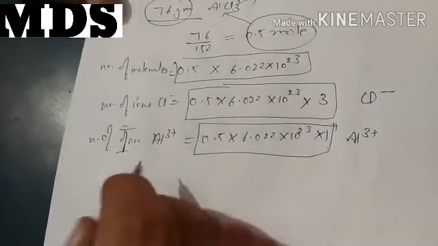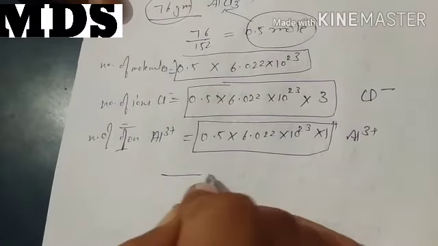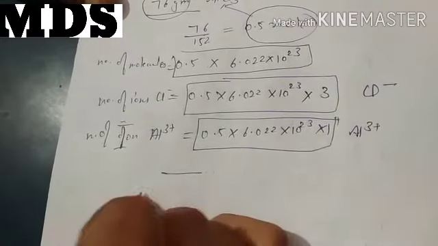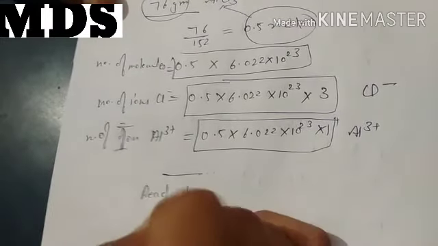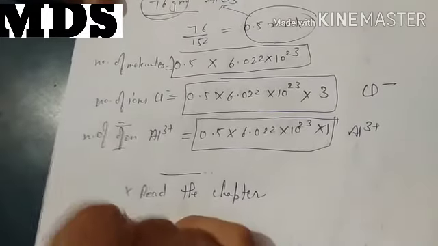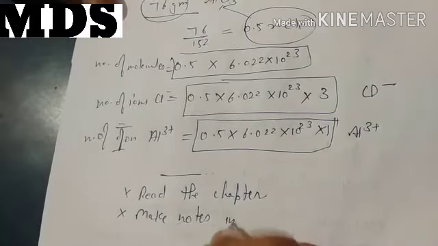So today our lecture is completed, because our chapter of atom and molecule is going to complete today. First thing, you will read the chapter. Second thing, make notes of the chapter in a fair notebook.